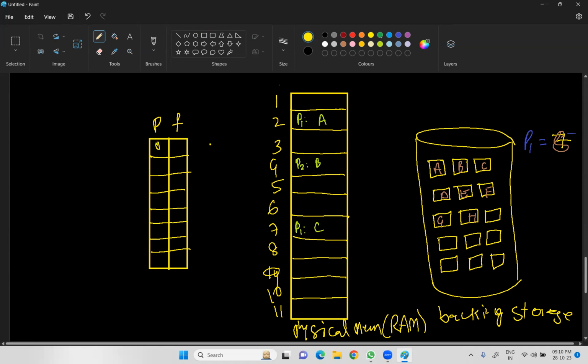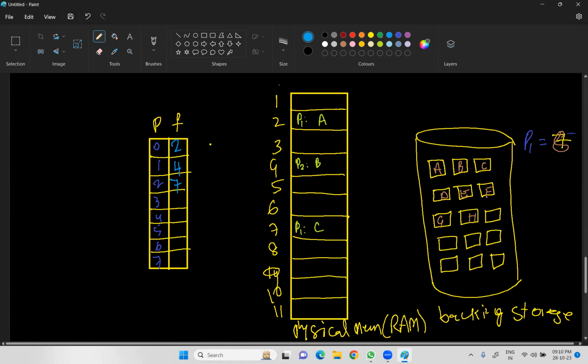The 0th page is available at frame number 2. Then the first page is available at, let me say, fourth frame. The third page is available at seventh frame. Then what about the remaining?